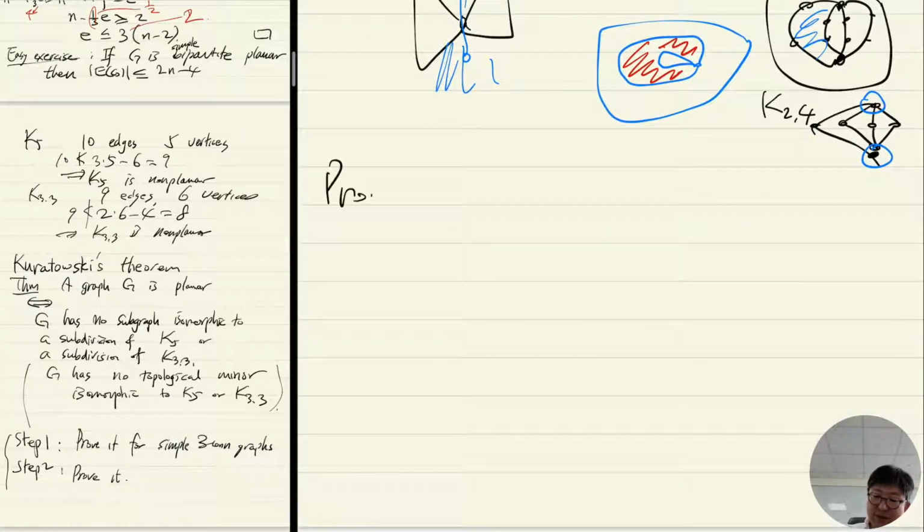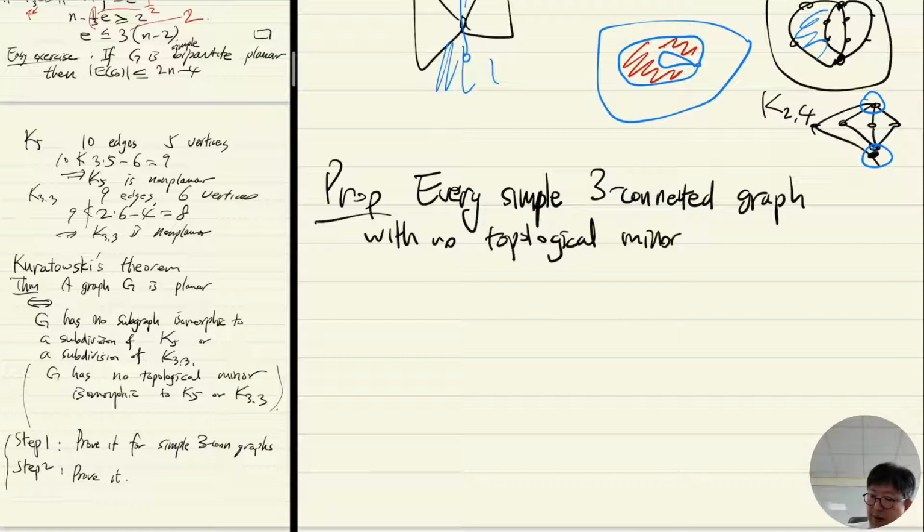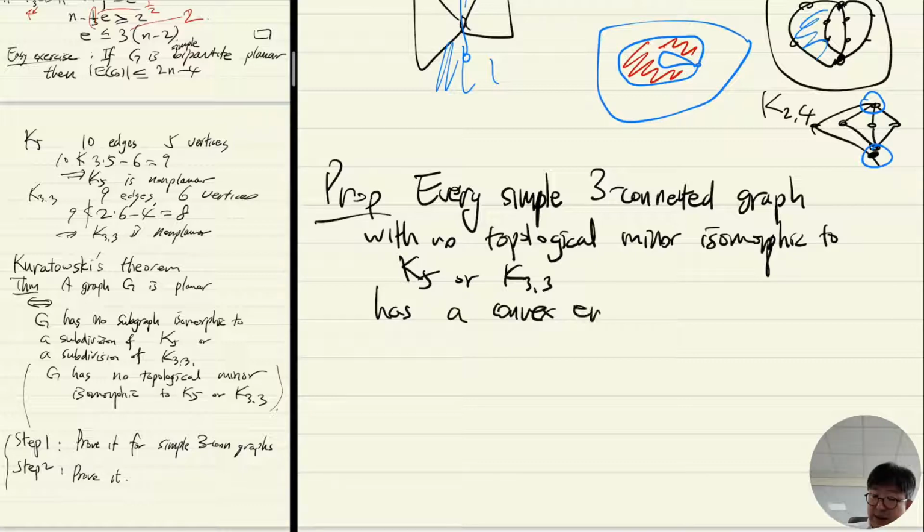So here's a proposition, which is a step towards proving Kuratowski's theorem. Every simple three connected graph with no topological minor isomorphic to K5 or K33 has a convex embedding in the plane.